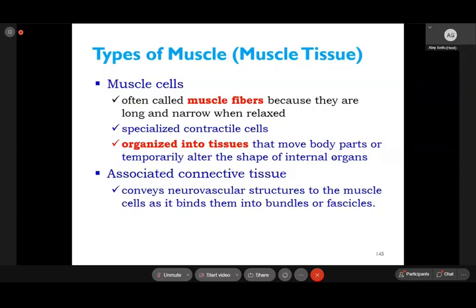Skeletal muscle is articulated and able to create movement, whereas smooth muscle and cardiac muscle are responsible for transportation of fluid, like food or blood or any fluid in our body. There is also associated connective tissue that carries a neurovascular structure that supplies the muscle itself.